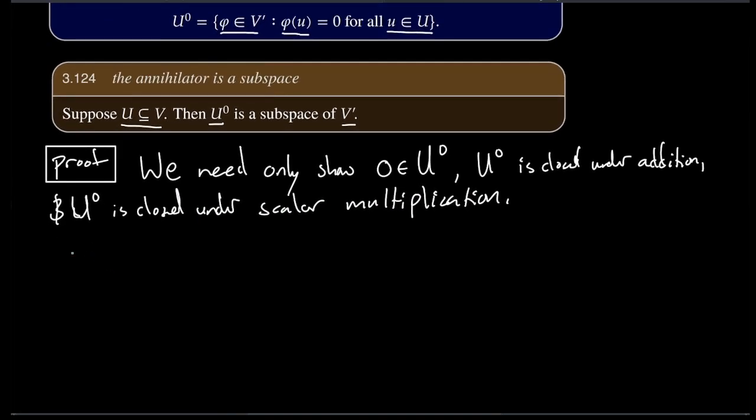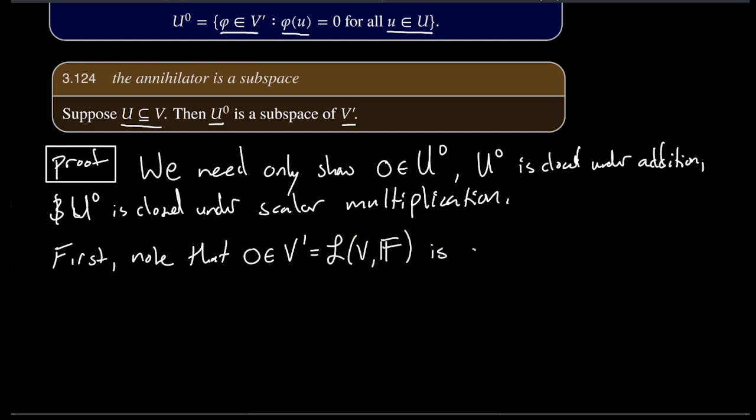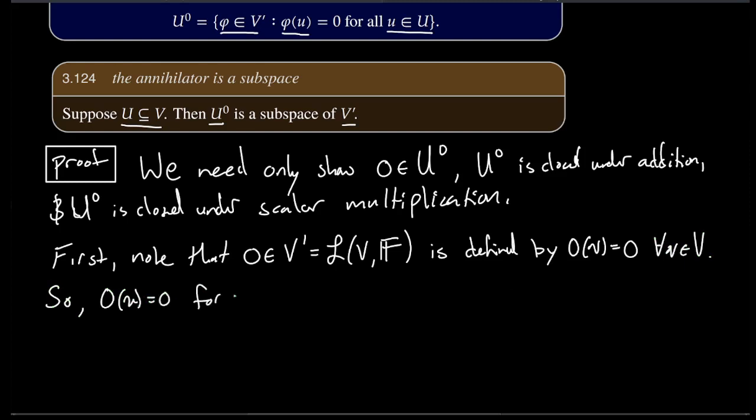Okay, so first off, note that 0 in V prime, which if you'll recall, is just the set of linear maps from V to its underlying field, is defined by 0 of v is the 0 element in the field for all v in big V. So 0 of u is equal to 0 for all u in big U, and 0 is then an element of the annihilator.